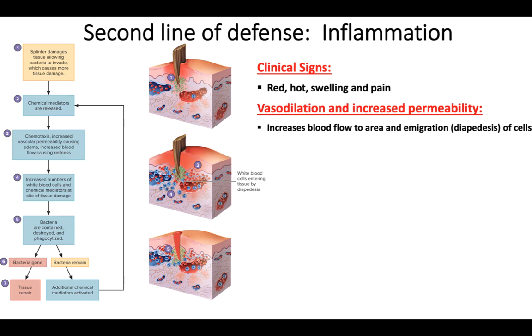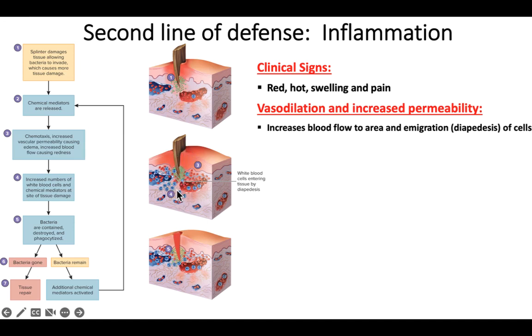The things that exit the blood are antibodies, and immune cells can emigrate. Emigration or diapedesis is how cells can exit the blood vessels. And therefore they can get in there and start to kill bacteria. The whole goal here is if you've damaged this barrier, you're going to get bacteria.